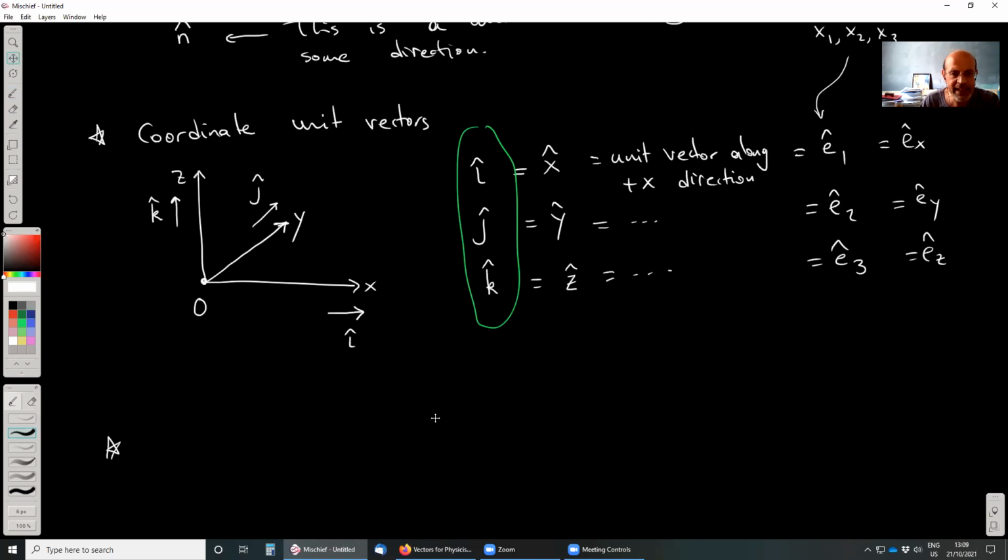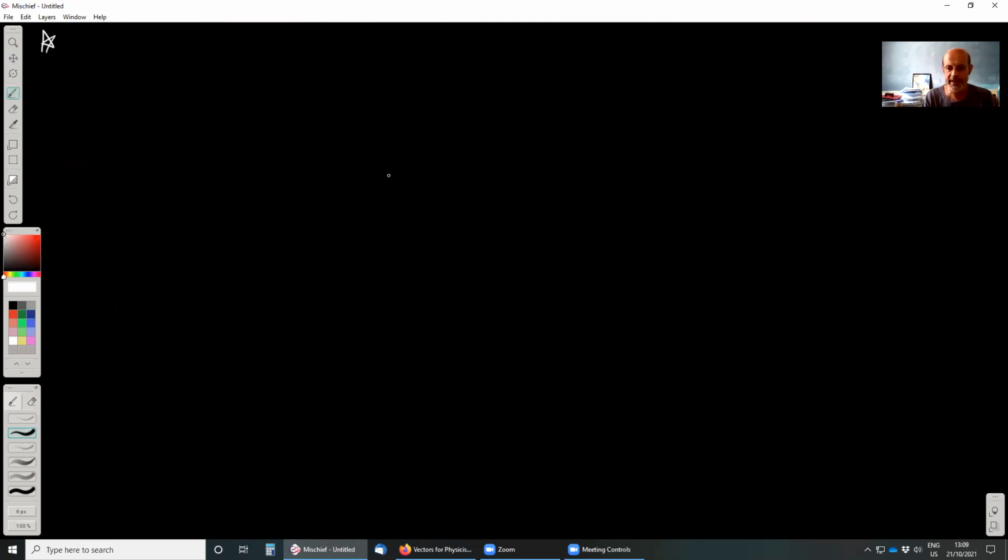In any case, we define some operations with vectors. These are operations that I can do with the vector concept, right? You actually know these operations. These are kind of natural, so you can easily accept them.